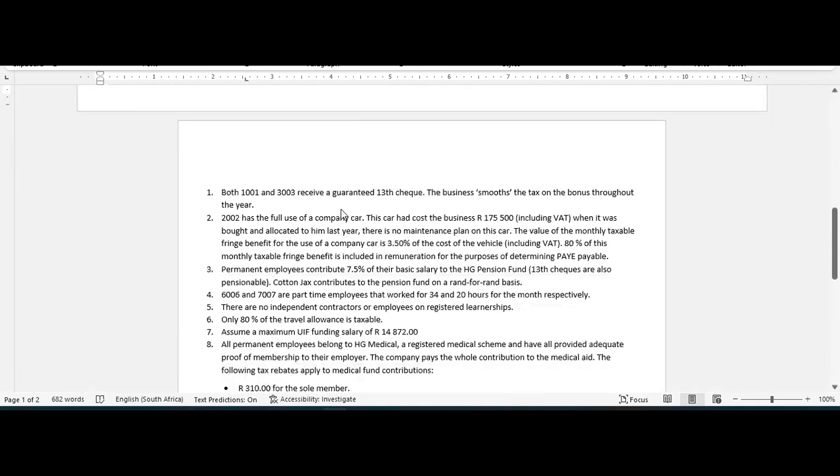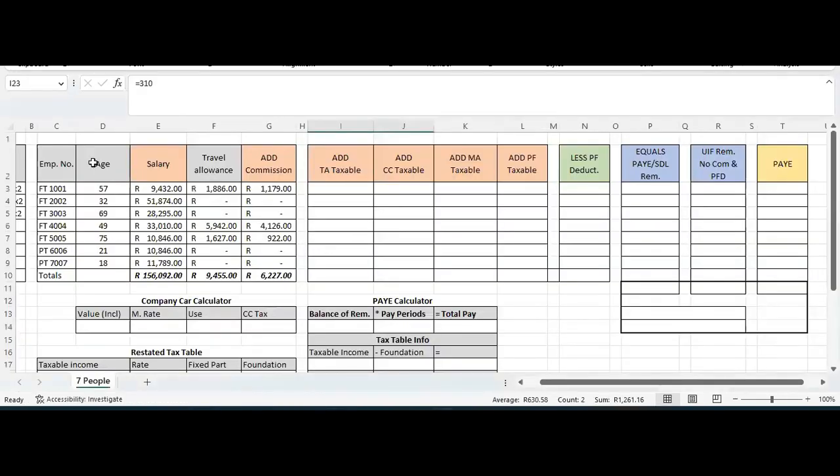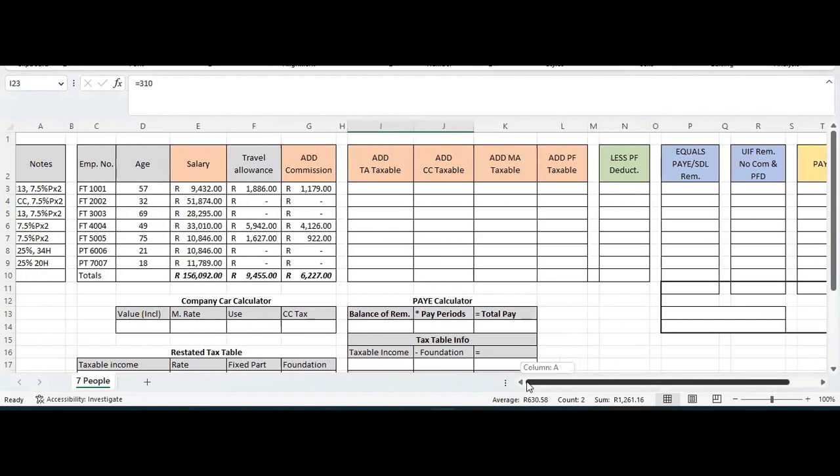And then you are told the following. It says both 1001 and 3003 receive a guaranteed 13th cheque. Okay, so keep that in mind, because when you are now going to start to work on your solution, let me just show you here, you are going to make little notes on the side.